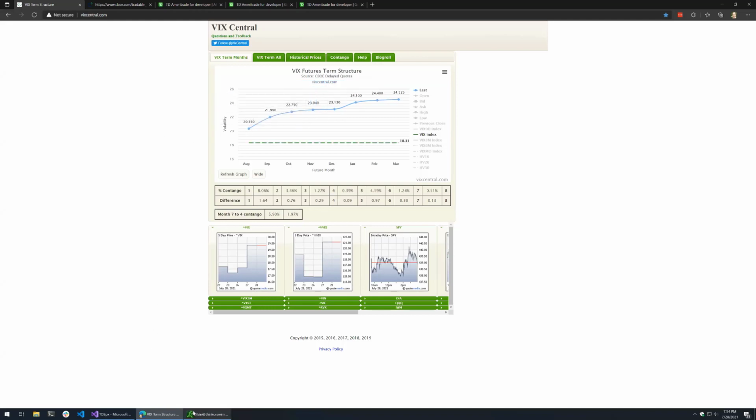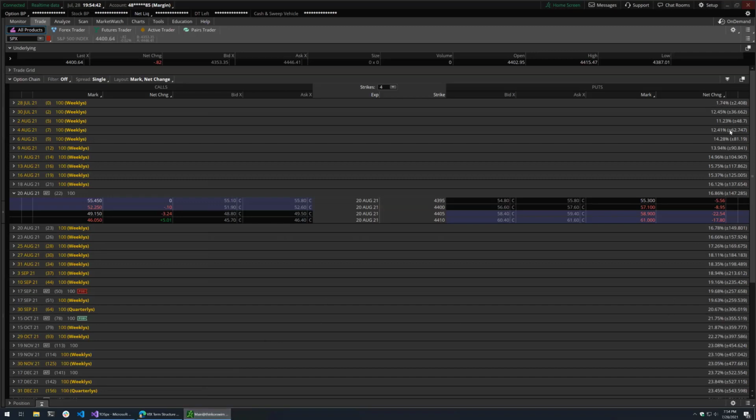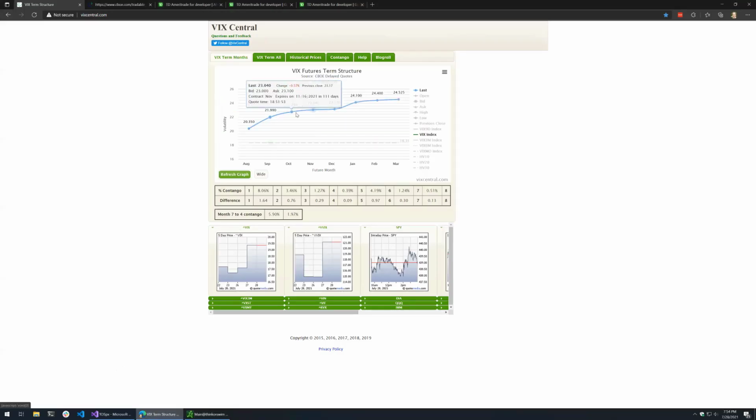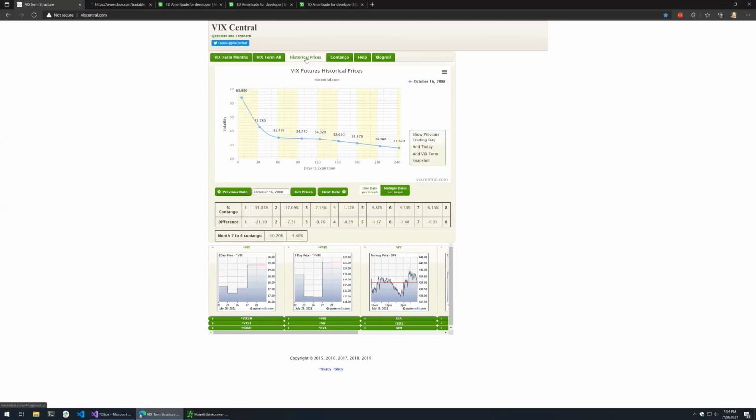That's the same thing that you'll see on the options chains themselves. There's more perceived risk going further out in time. Now, in a moment of crisis, you'll see this term structure actually flip, and that's what we see if we jump back to October 16th of 2008. It literally inverts, which is called backwardation.